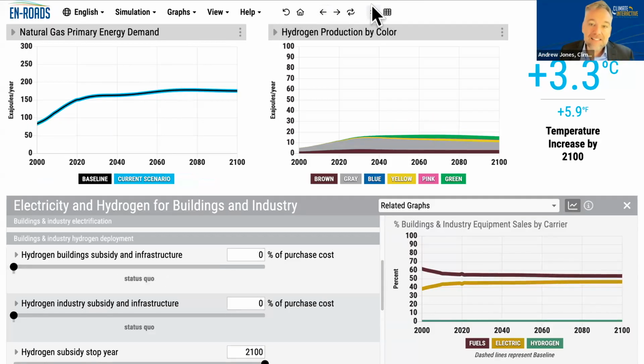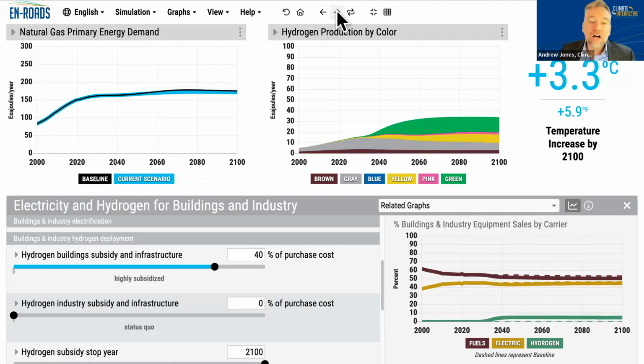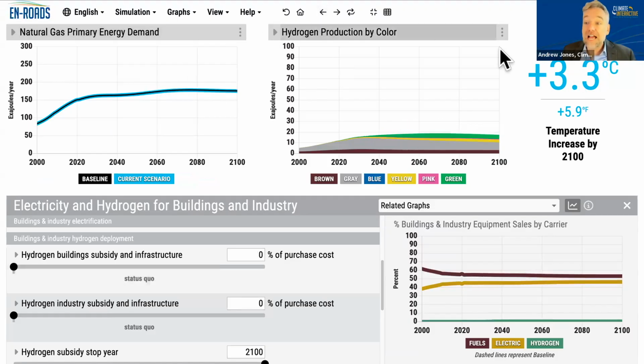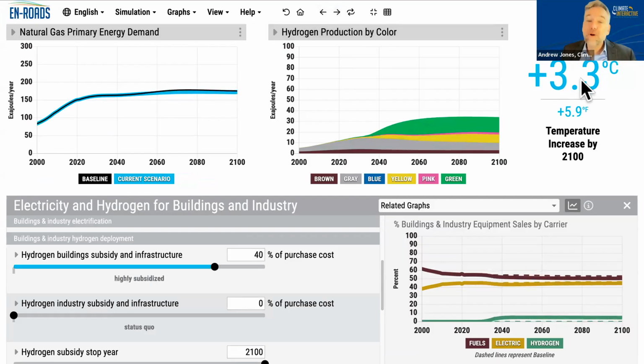That's the difference, a little less gas and not much less coal. So temperature really doesn't come down much at all. It was at 3.0, it goes to 3.29.